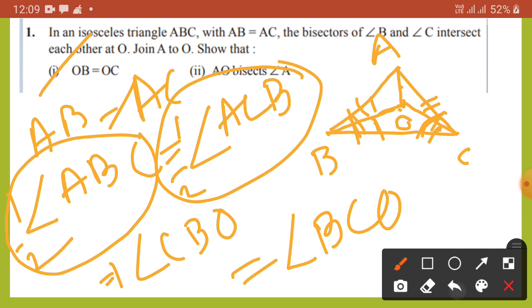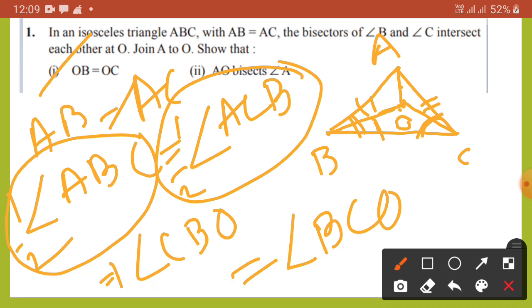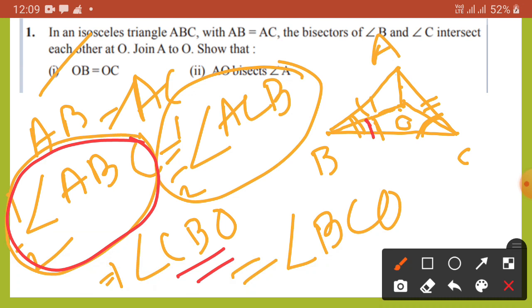Here, half of angle ABC is CBO. Why? Because this angle is half of angle ABC, and on the right side half of angle ACB, this is angle ACB, and half of angle ACB means this angle is OCB.